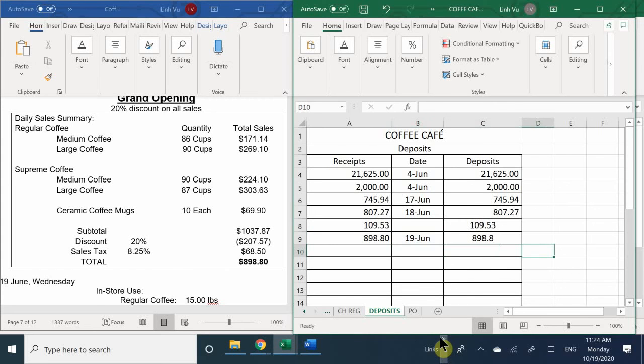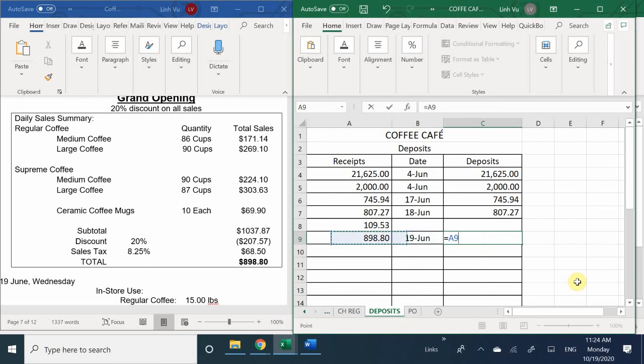All right. So now, okay, I think that automatically filled in for me. So now I'm going to be depositing my check from Katie's Coffee Corner and the amount of cash that I received from my in-store sales.